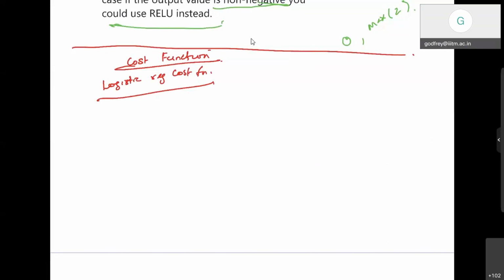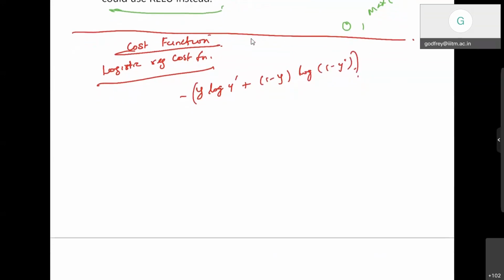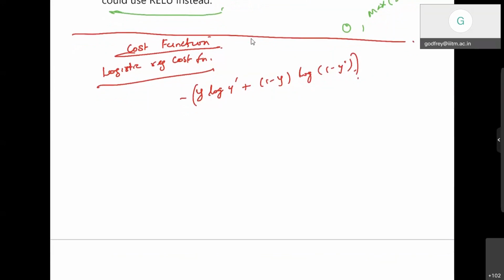The logistic regression cost function was minus y log y cap plus minus (1 minus y) log (1 minus y cap).